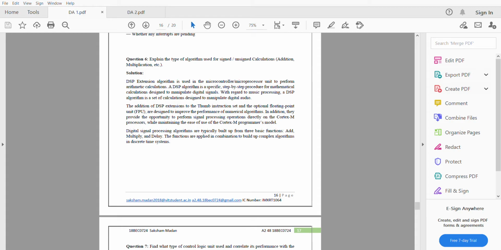So, what we understand from here is that it is a manipulation of data that the DSP algorithm is doing. It's a very efficient algorithm which is based on the Thumb instruction set. Our instruction set, the Thumb instruction set, is a very modern instruction set based upon certain rules and regulations which help us to define modern ways in which processing can be done.